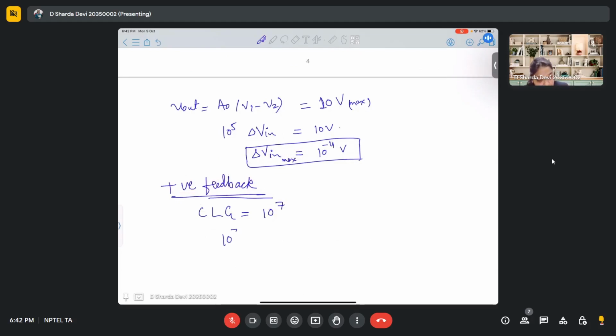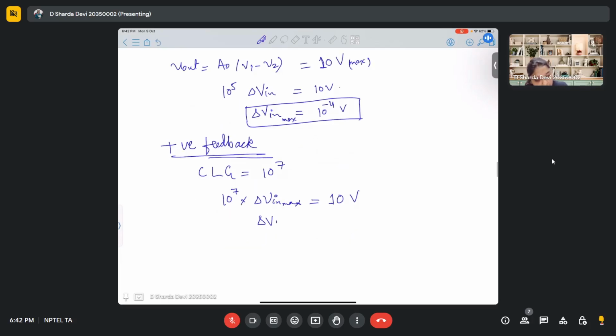It is 10 to the power 7 into delta V in max, and the output will remain at 10 volts maximum. So V in max is 10 to the power minus 6 volts, which means the maximum input you can apply becomes microvolts. If you go beyond 1 microvolt, your circuit will saturate. You will not see any operation out of your op-amp.